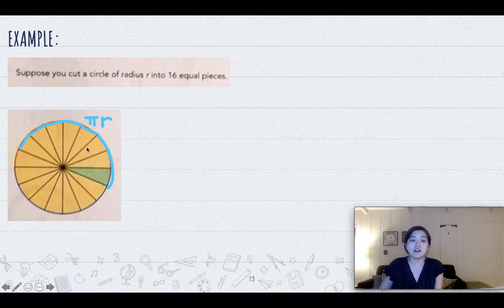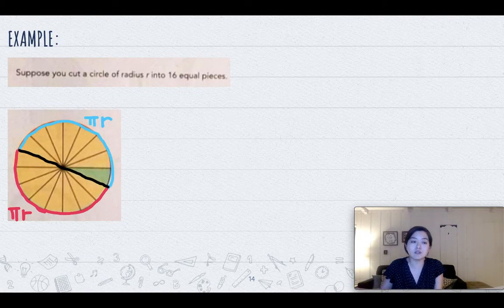Now, remember that half of a circle, the length, the circumference is pi r. Okay, and that accounts for 1, 2, 3, 4, 5, 6, 7, 8 pieces. Okay, including this green piece here. And there's a reason why one of these is green, and you'll see why.